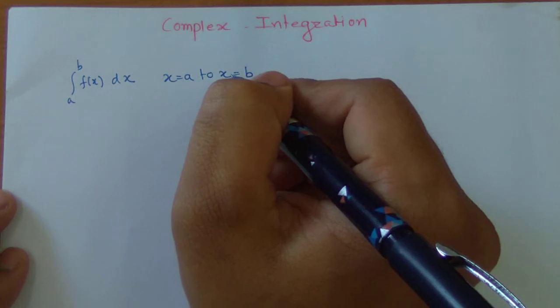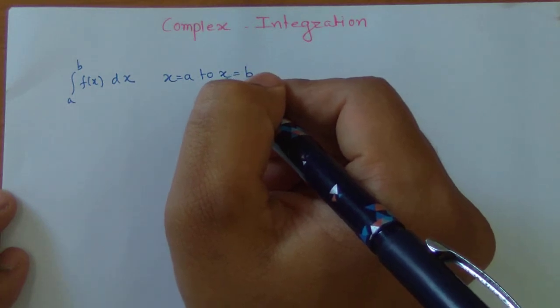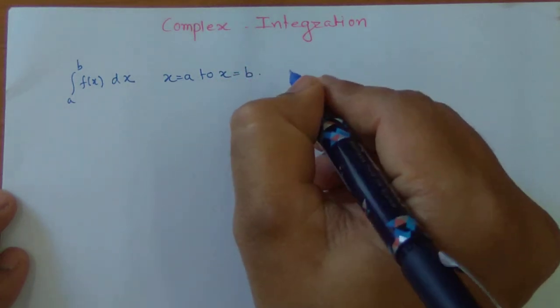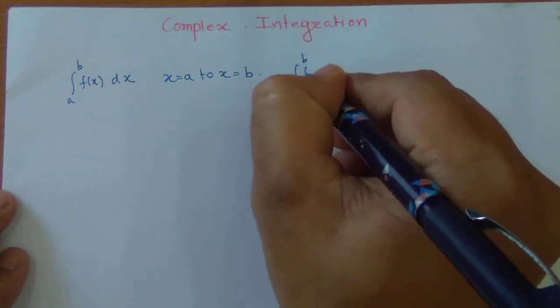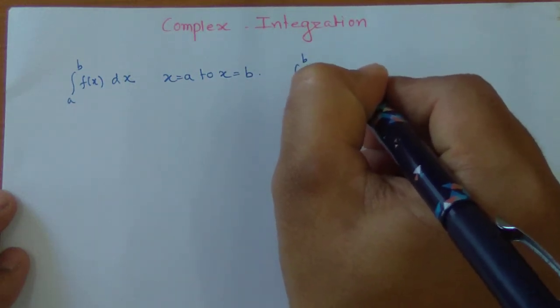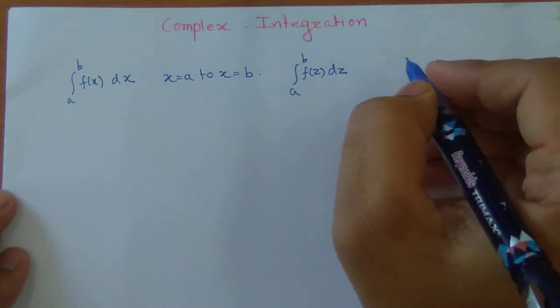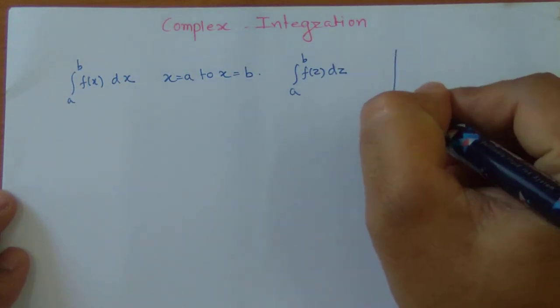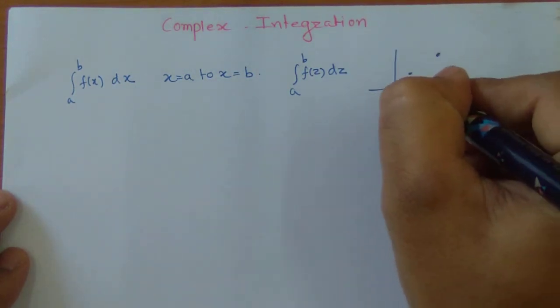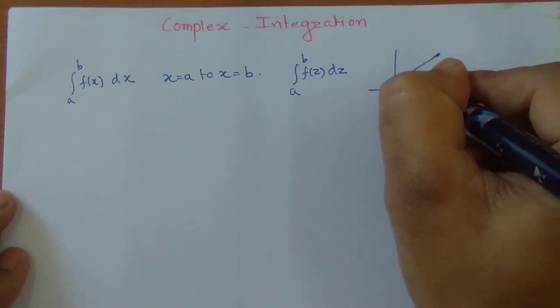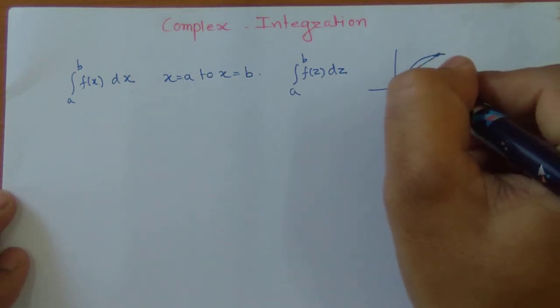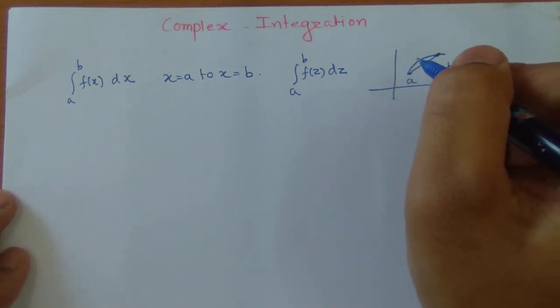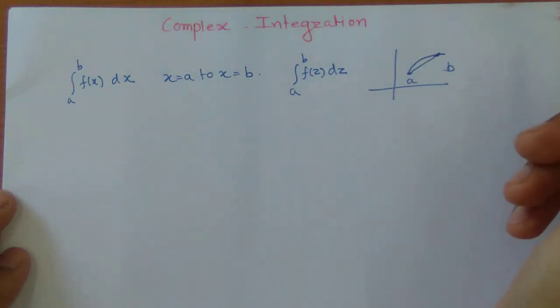But in case of a complex variable, the path of definite integration from a to b f of z dz may be any curve joining the 2 points a and b. It may be a straight line, some parabolic curve, or some arc of a circle, whatever it is. Generally, the value of this integration depends upon the path.